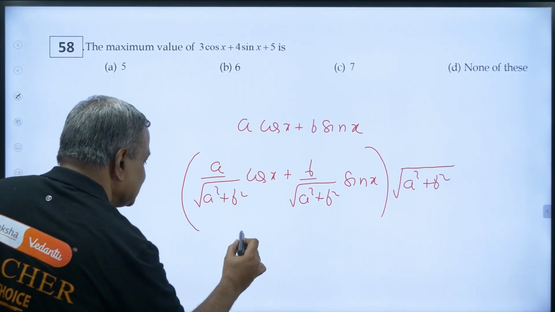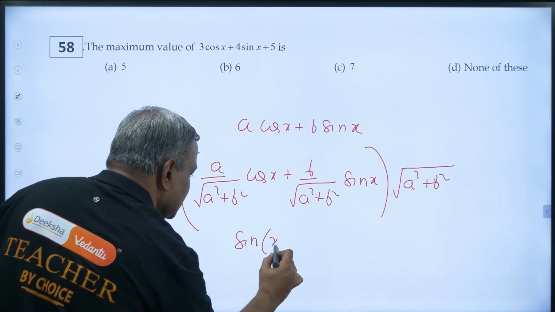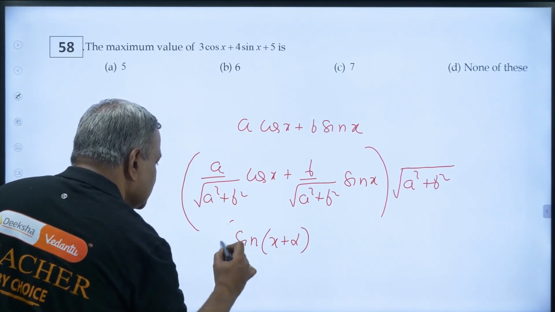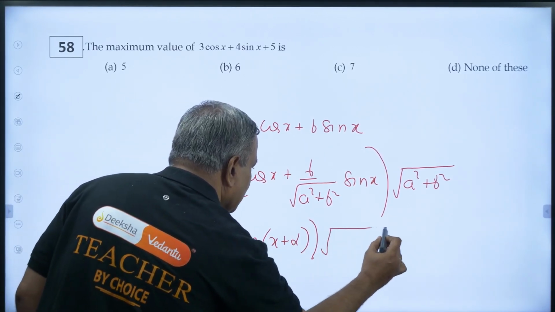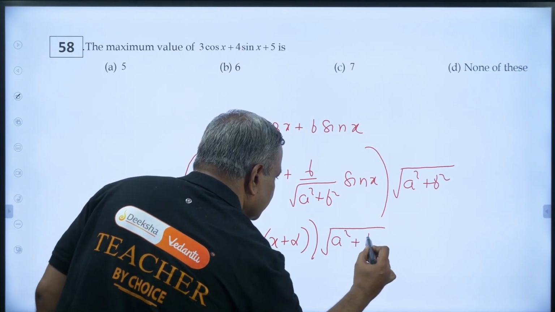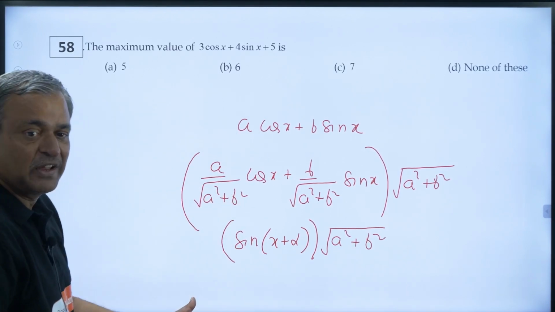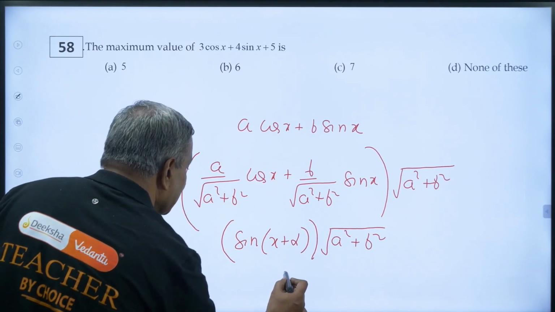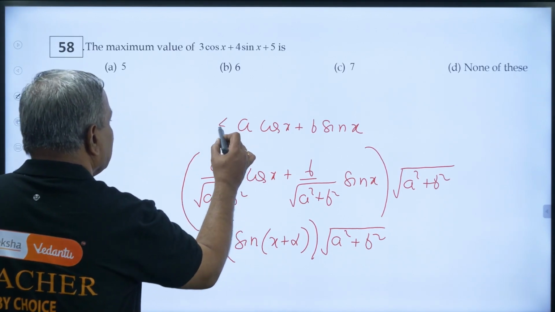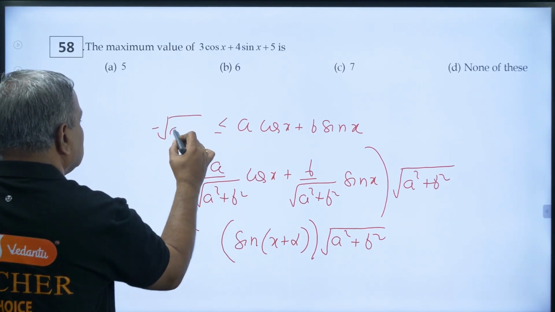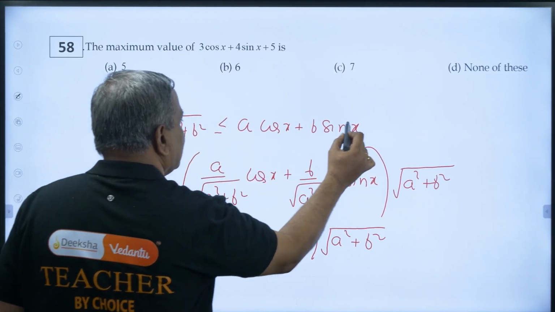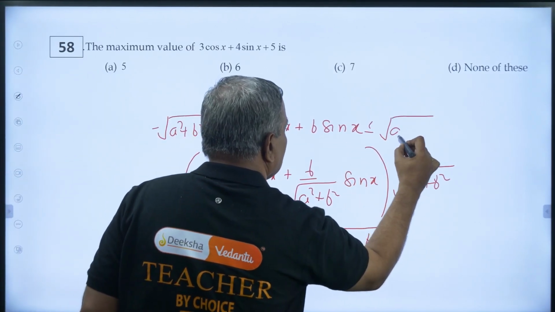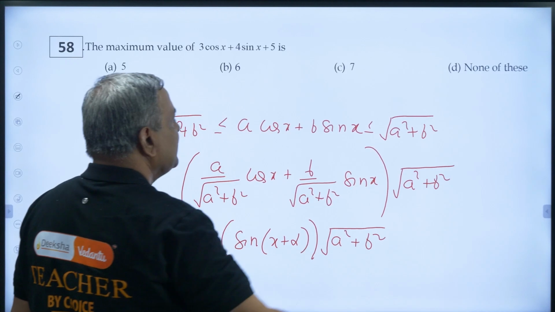So this can be written as sin of x plus alpha into root a square plus b square. Since sin of x plus alpha lies between minus 1 and plus 1, this will lie between minus root a square plus b square and root a square plus b square. That is the formula I derived.